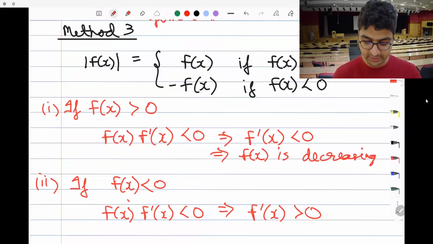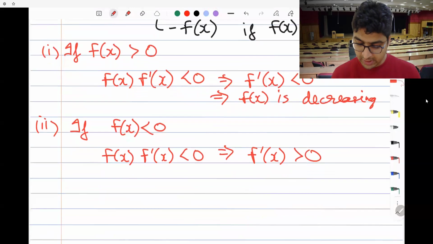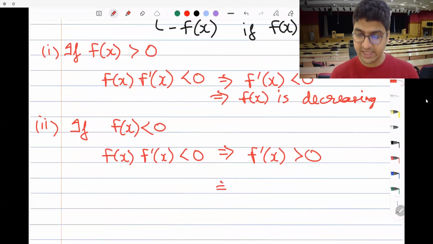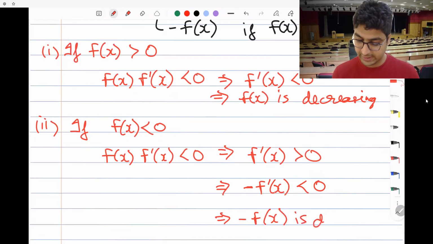Inequality will change because this is negative. You are taking a negative factor to the other side. Okay. And if f'(x) is positive, if I multiply by minus, then inequality will change. So minus f'(x) is less than 0, so which means minus of f(x) is decreasing.